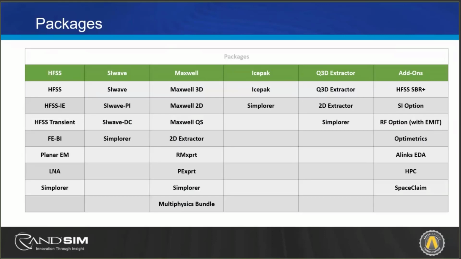Statistical analysis is also included. If you include Optometrics, that includes a distributed solve option, which is a way to increase the speed of your solves when you're doing a parametric or optimetrics study.